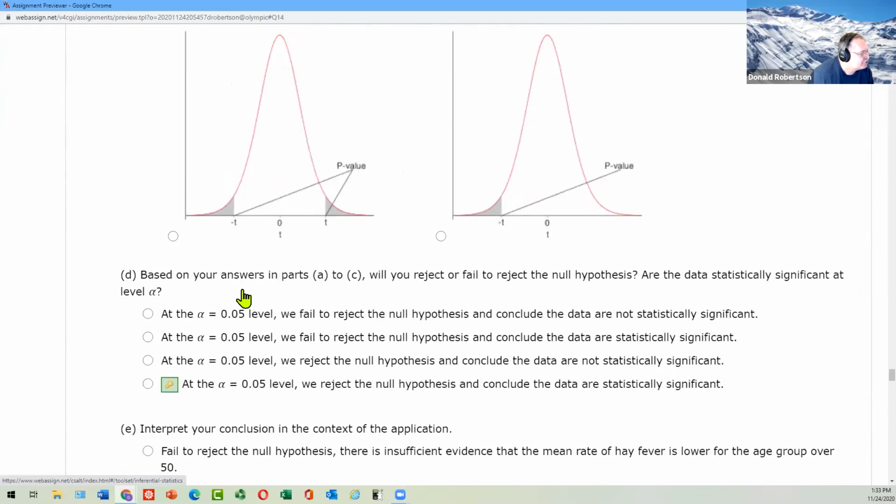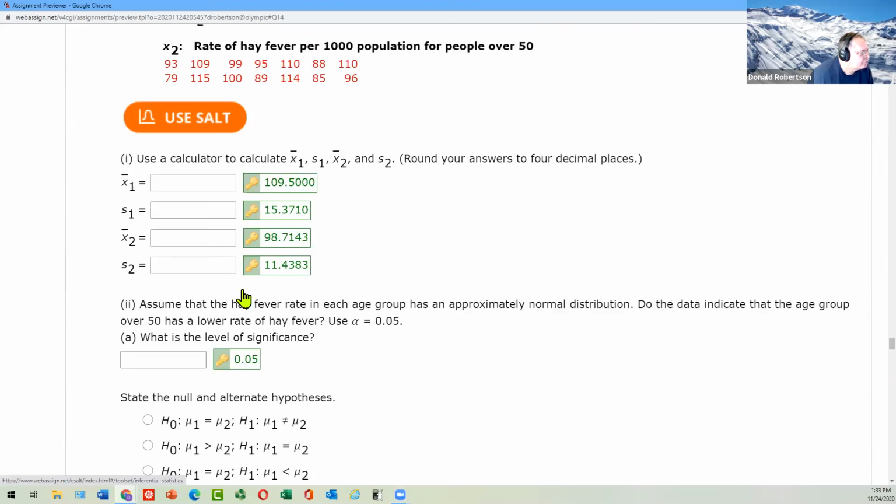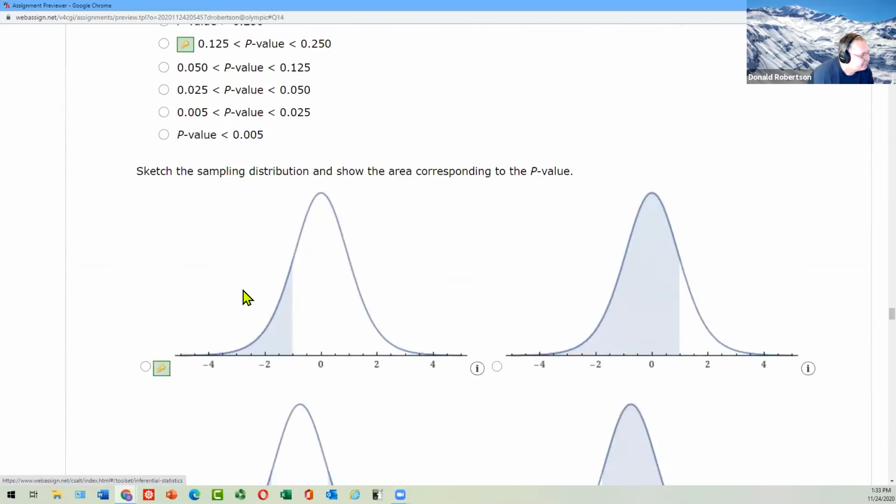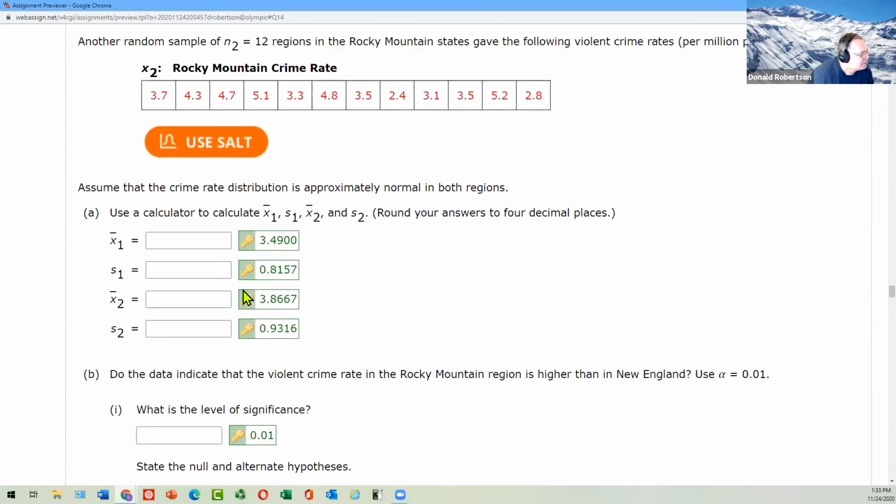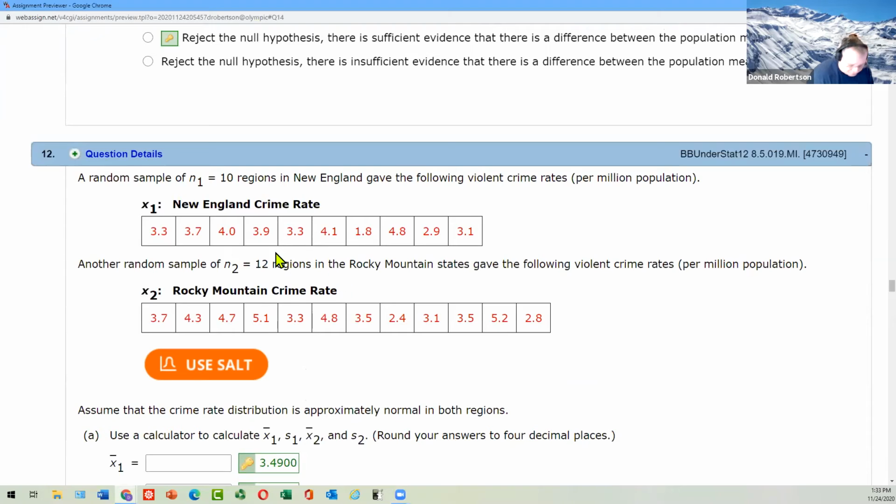Now that takes me to the last 2 questions, questions 12 and 13. And 12 and 13 have been causing the biggest amount of trouble. I'm just keeping my fingers crossed that everything works out fine this time.